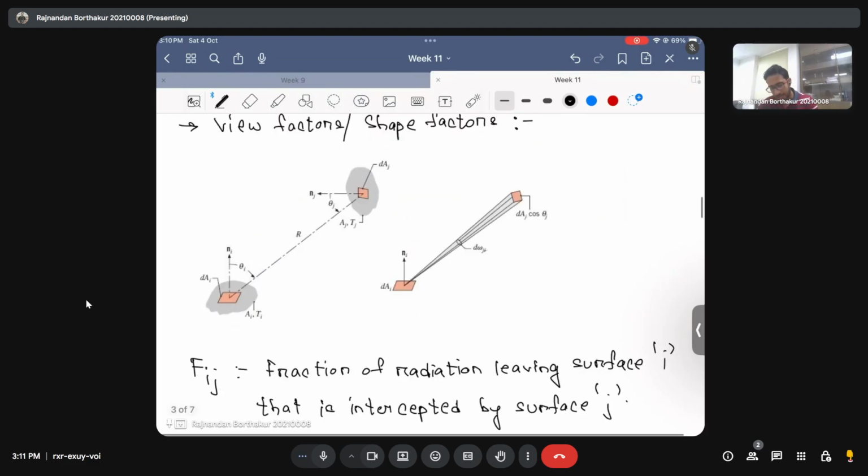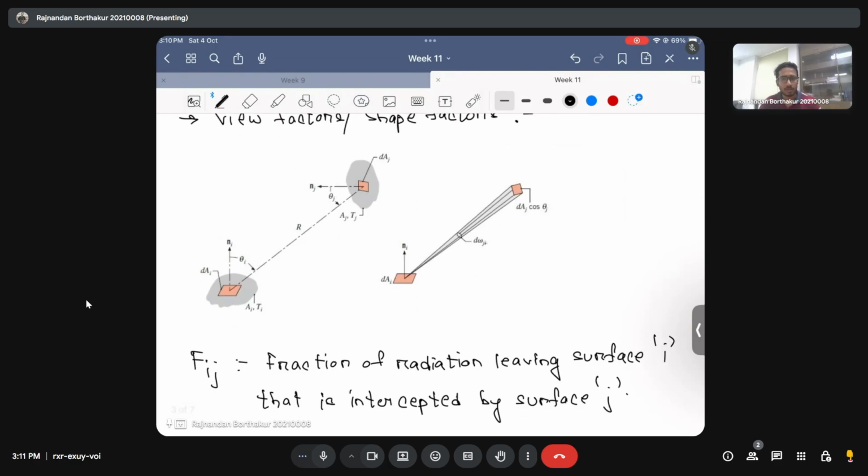This is the very definition of geometric view factors, or sometimes they are also called shape factors. It says that out of all the radiation that leaves surface i, the fraction that is intercepted by surface j is known as Fij, and this is called the view factor.